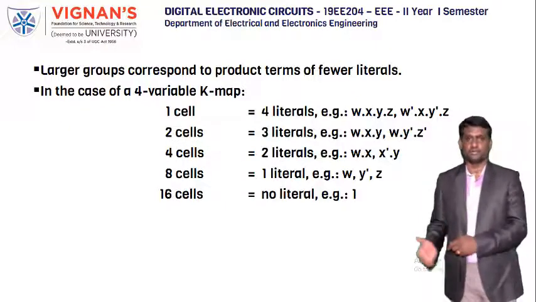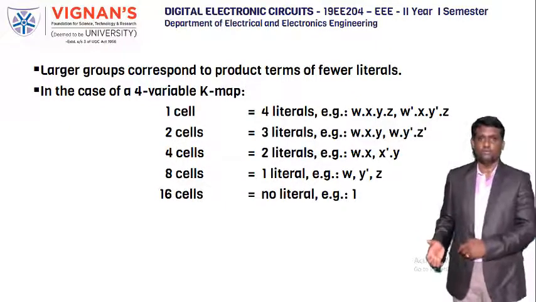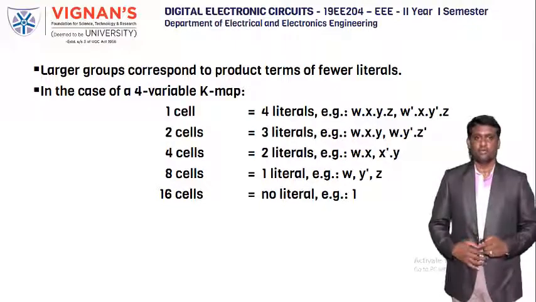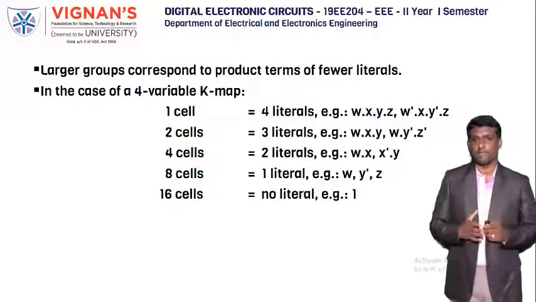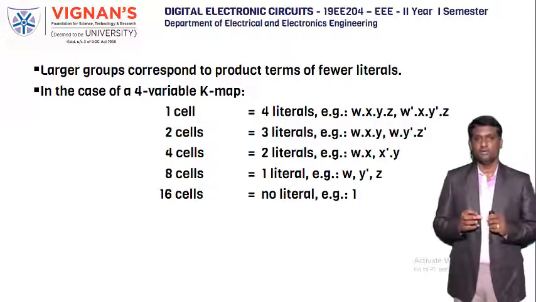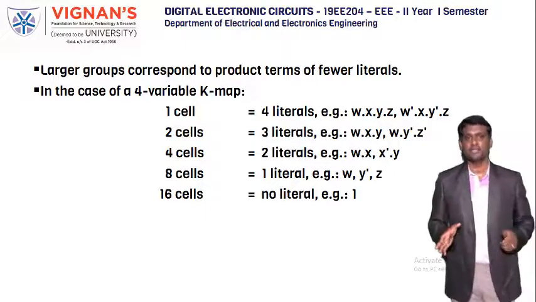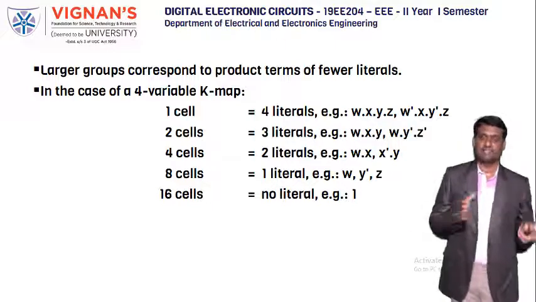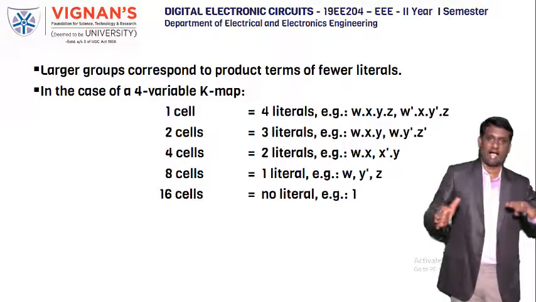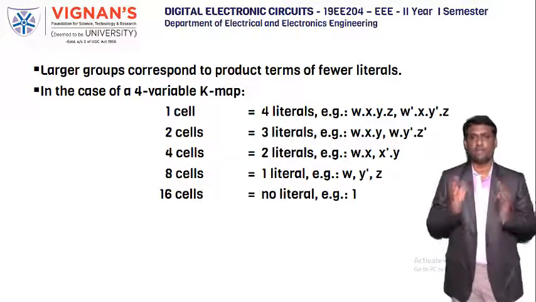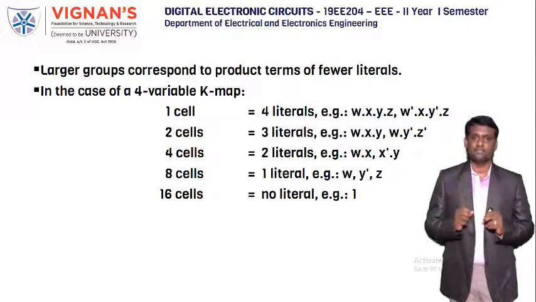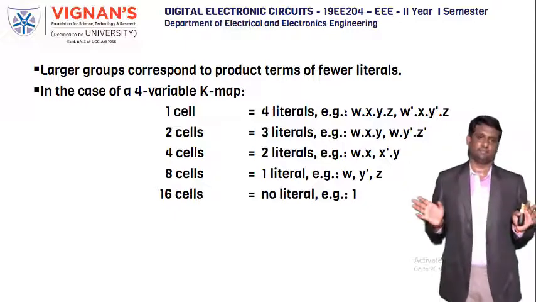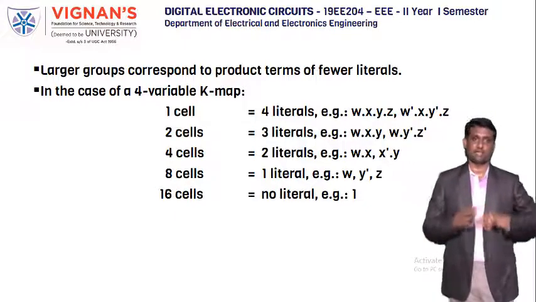So what I just told you is represented here. If only one cell is grouped in the 4 variable K-map, that means there is no possibility of combining with another cell, then that is called a one cell group. The term consists of all the 4 literals, in direct or complemented format.